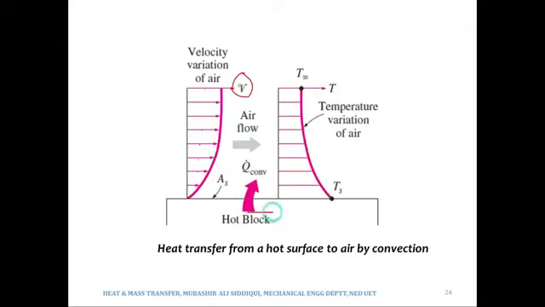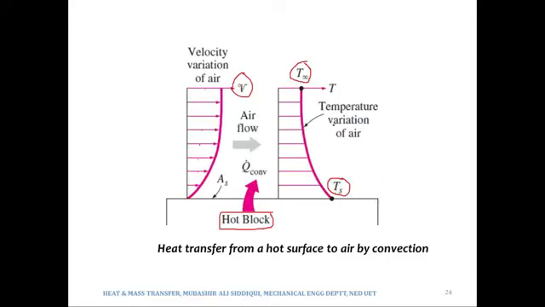And you can see that this is the hot block. This surface Ts has a temperature more than T infinity. So if Ts is greater than T infinity, as we have discussed previously, this is how the temperature profile will look. It will continuously decrease from a higher value of Ts to a lower value of T infinity.